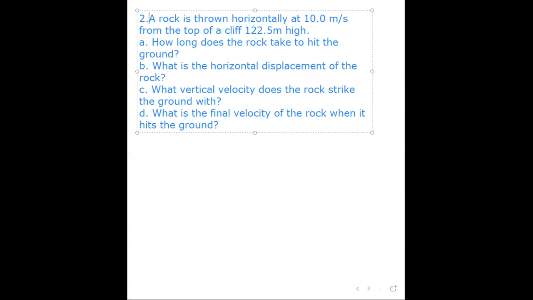In this case, it's pretty straightforward. The diagram here shows the cliff is 122.5 meters high, and the rock is being launched at 10 meters per second, so the initial horizontal velocity is 10 meters per second.